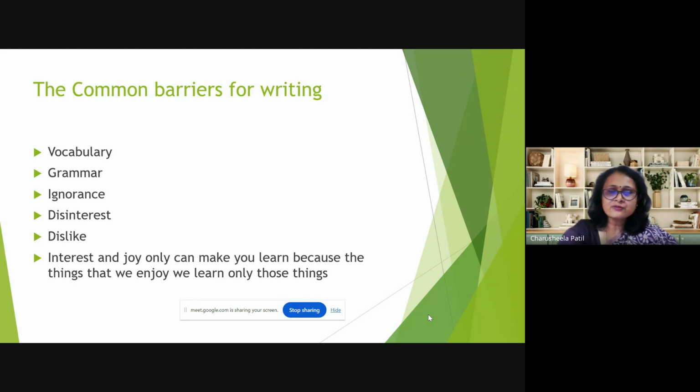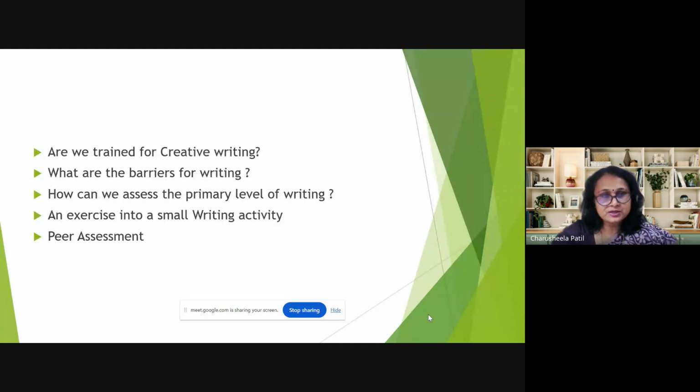Then dislike, of course, is disinterest only. So interest and joy alone can make you learn, because the things that we enjoy, we learn only those things. This is a very important point, and I give this example of mother tongue, that most of us, as English speakers, are not the native speakers of English.